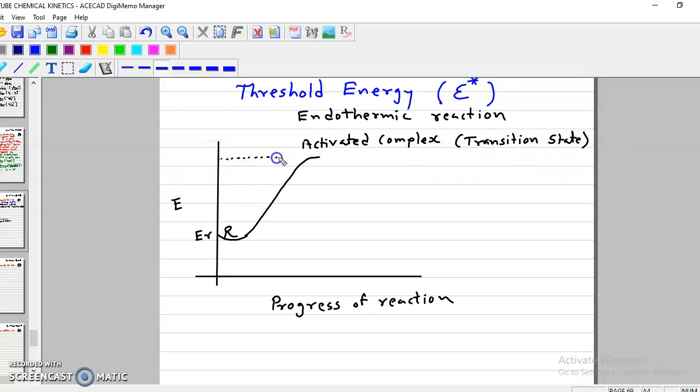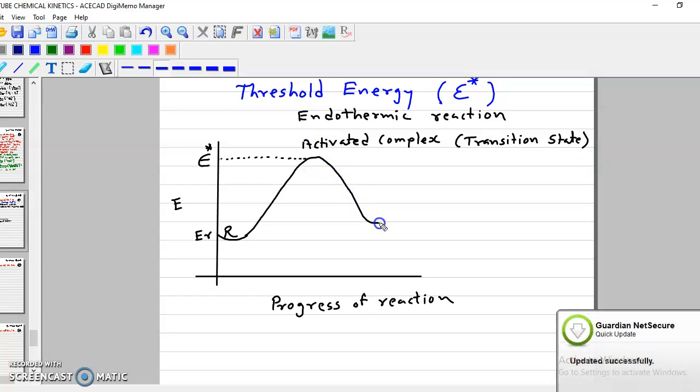The energy of this reactant, also activated complex, we call it epsilon R star. Now, if collision occur in proper direction, then this activated complex form product on further extension of the reaction, and we may get product over here. For example, this is product, so the energy of product is known as EP.